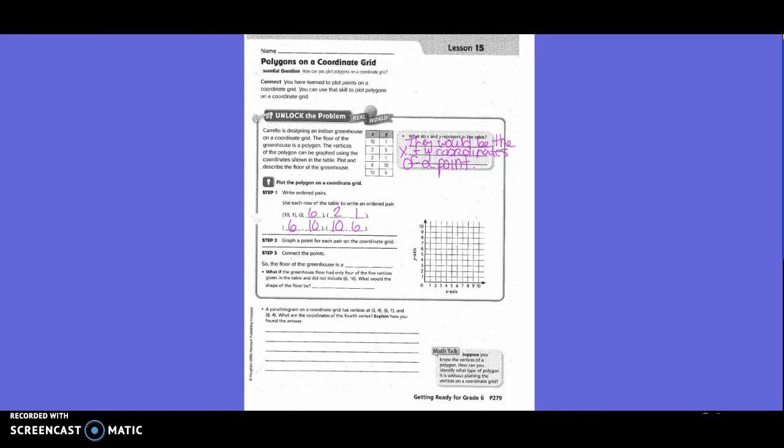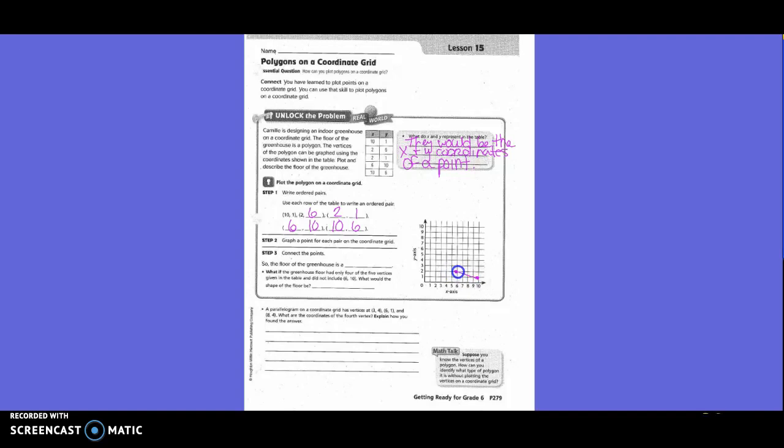So of course the first thing listed, you go along the x-axis, which goes horizontally. So I'd go over 10 and up 1 and put a dot. Then I would go over 6 and up 2.